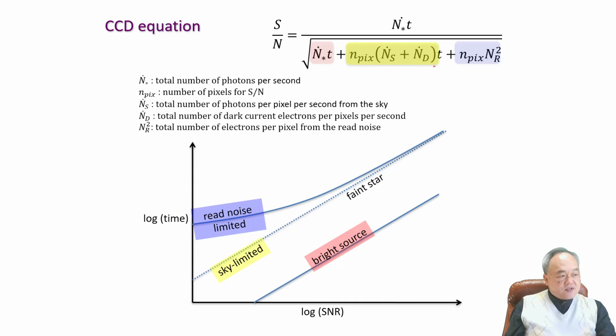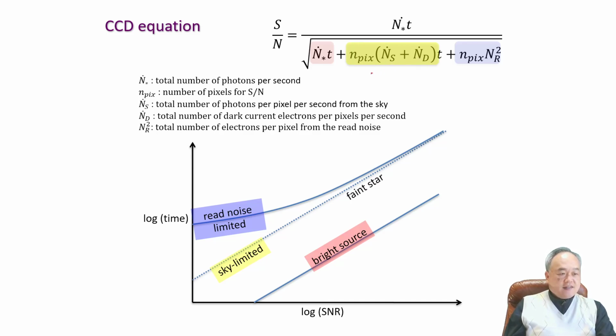There is no realistic observation case where the dark current is the only dominant noise. The instrument builders try their best in the design phase so that the dark current does not become the only dominant noise.